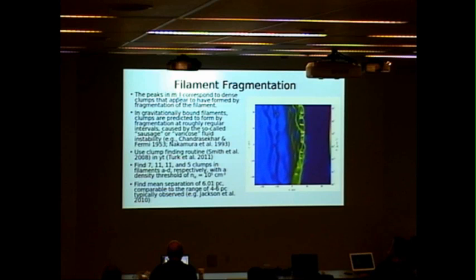We find a total of about 34 clumps in all 4 filaments, and we use a density threshold of 10 to the 5 hydrogens per cc, and we find a mean separation of each clump to its nearest neighbor of just over 6 parsecs. And this is on the high end of the range seen in large filaments in our galaxy, for example, the Nessie Nebula from Jim Jackson's work.